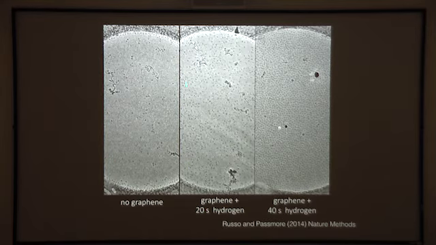With a 20-second hydrogen plasma treatment of graphene, there is a good distribution of ribosomes, and with increasing plasma treatments, there are more ribosomes. So you can control the adsorption of particles to graphene independent of the solution concentration of ribosomes. This may be particularly useful for small proteins where the background noise in the image is more detrimental.